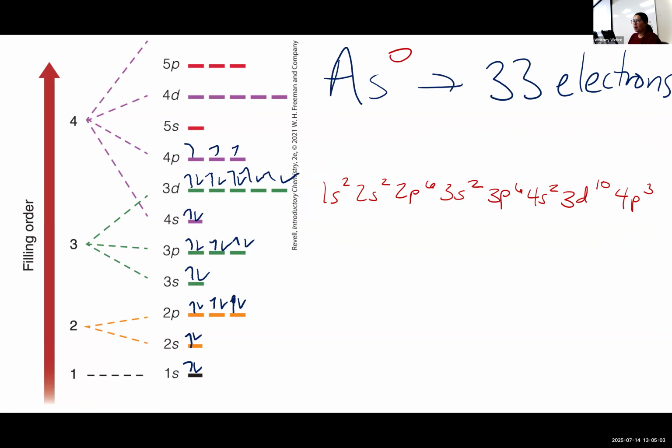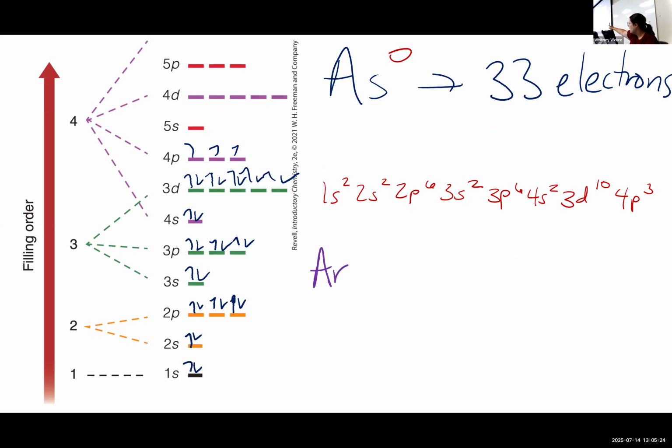So the way that works is, let's say I have arsenic right here. Look at the periodic table and find the noble gas in the previous row. Arsenic is going to be in row 1, 2, 3, 4. So what is the noble gas in row 3? Argon.